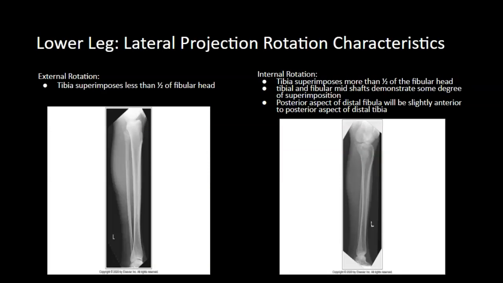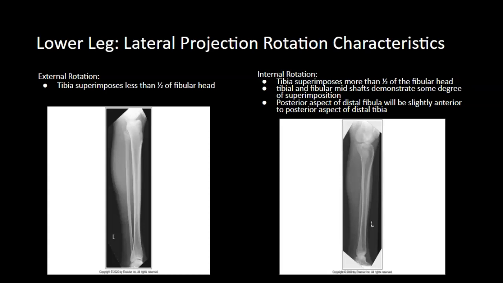Let's talk about rotation in the lateral projection. Conversely to the AP projection, when there is external rotation in a lateral projection of the lower leg, the fibular head of that tibia starts to become less superimposed. It's less than 1/2 of that fibular head that is superimposed.